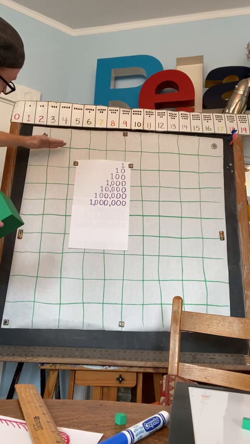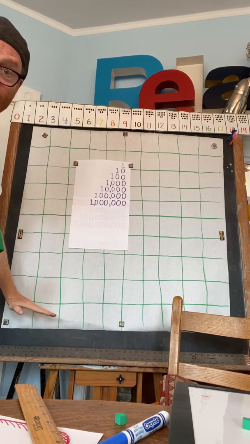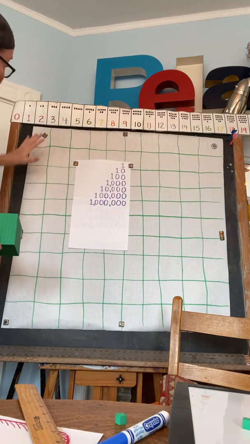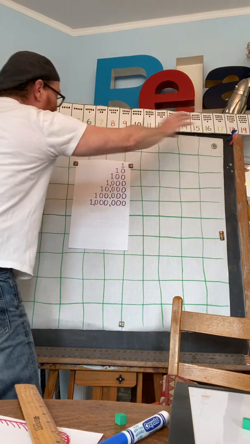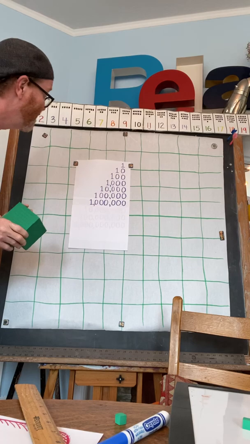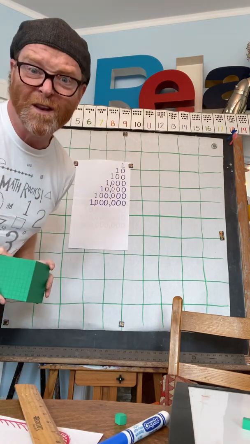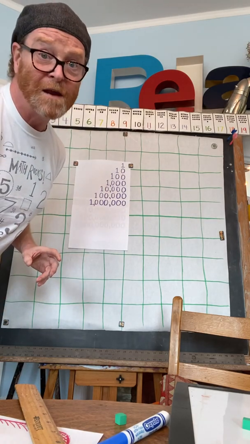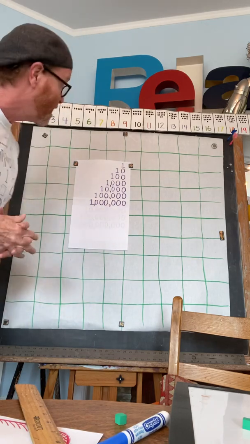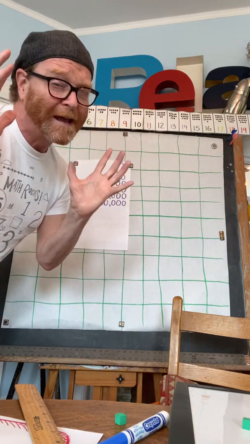And then we're going to go all the way down this 100 chart, basically, which is what it is. And then if we had huge longs all the way up to 10, that would be 100,000. So that's 10 times 10,000. And then this is where it gets kind of weird.